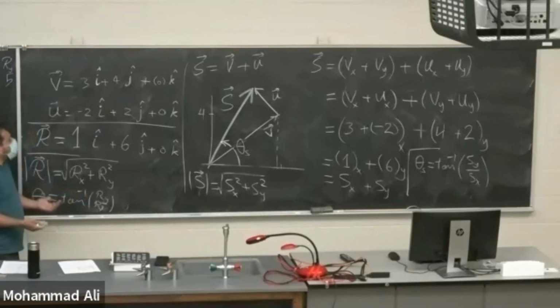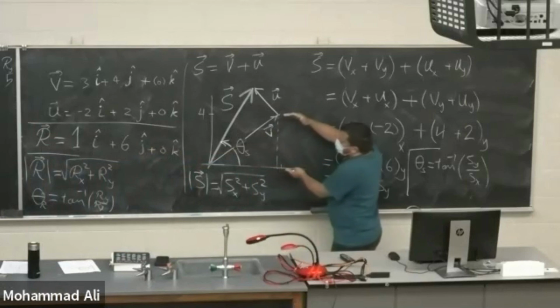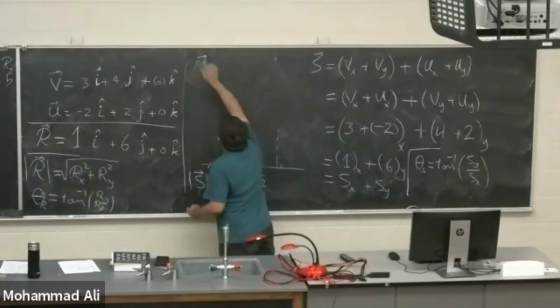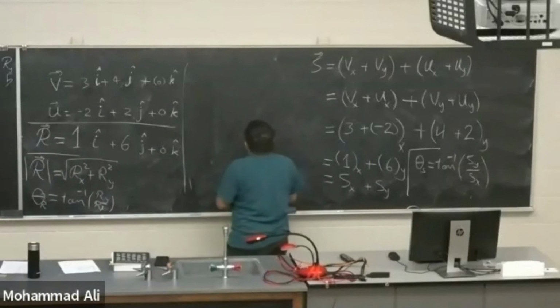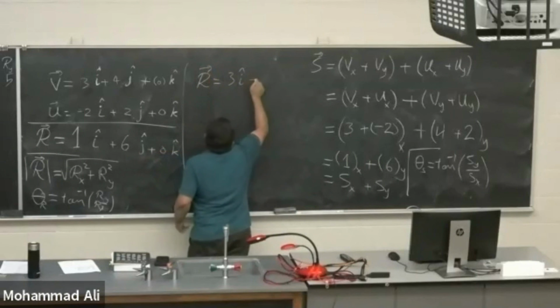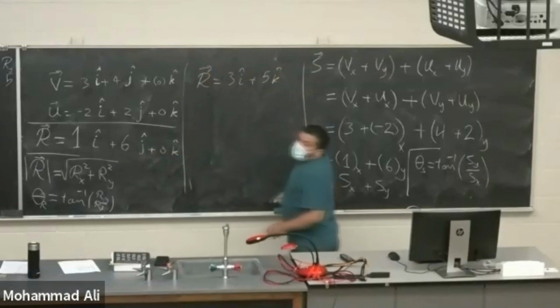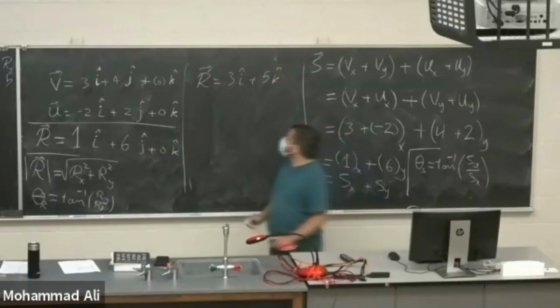But if you are given, I will tell you how this works. Assume that I gave you r equal to 3 i hat plus 5 k hat, and I asked you to find theta, the direction of r.